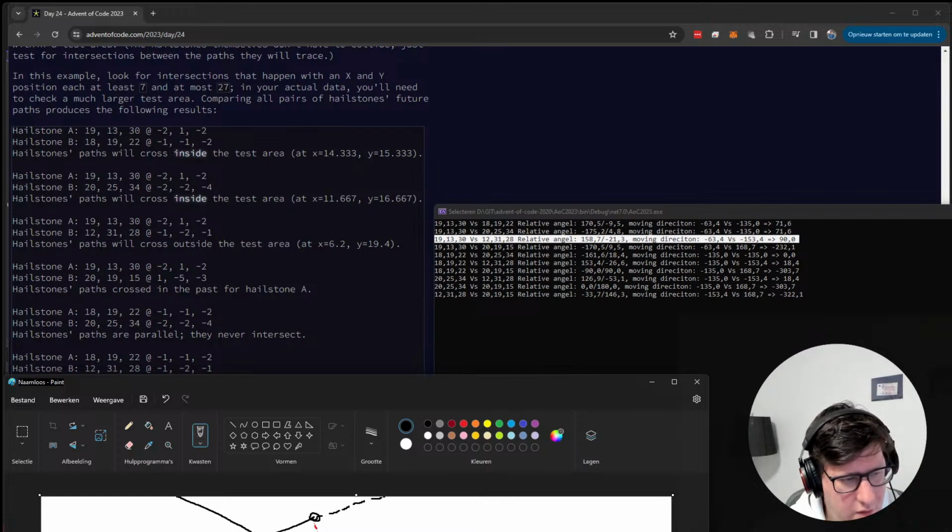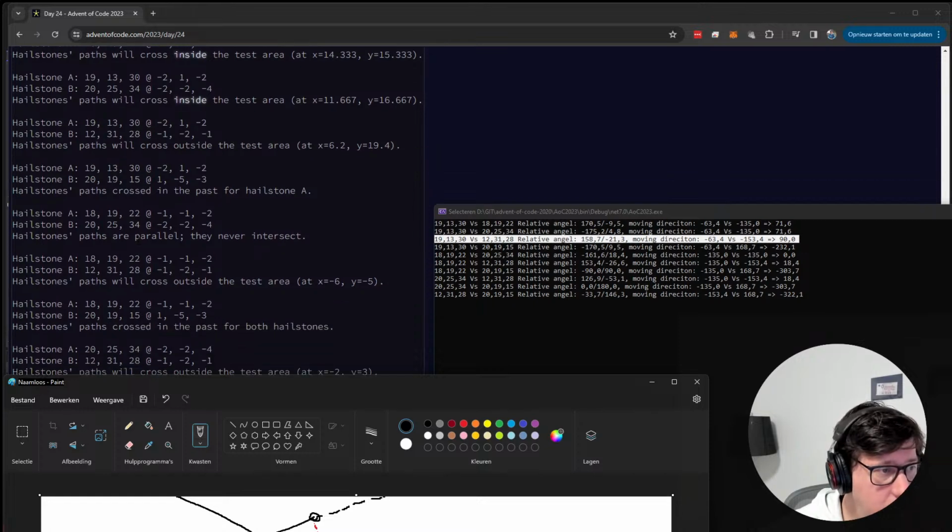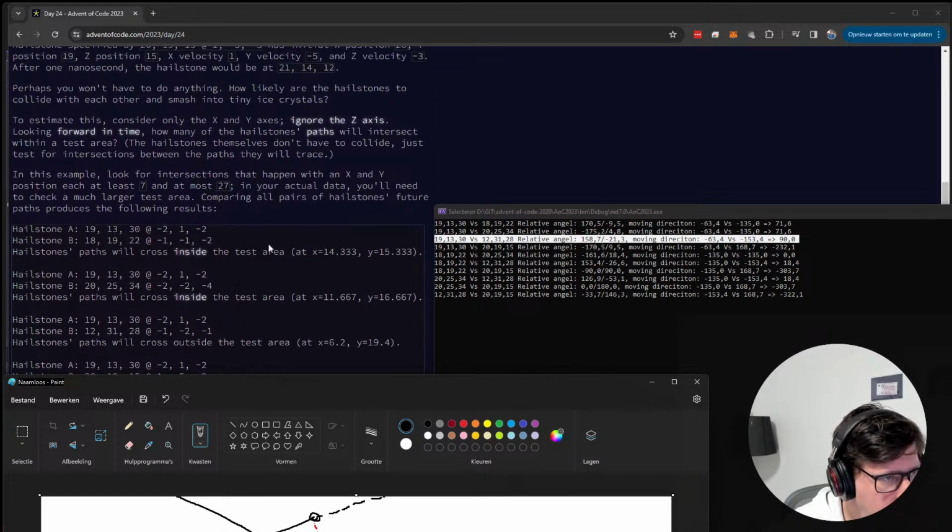It would be like if one of these were crossed. I'm starting to understand it a bit more, but the parallel one, I can figure that one out, but can I figure out these intersections here?